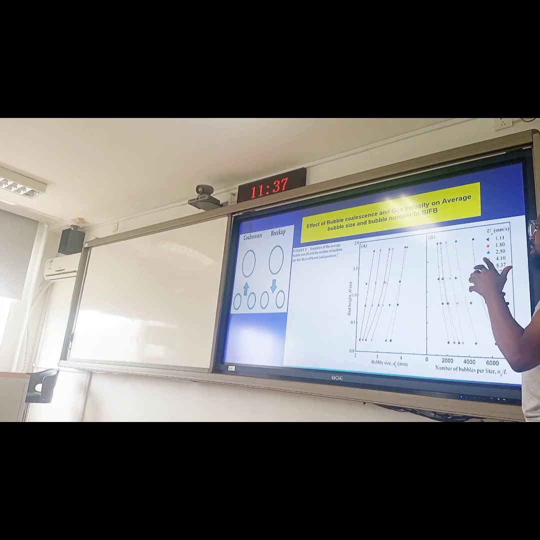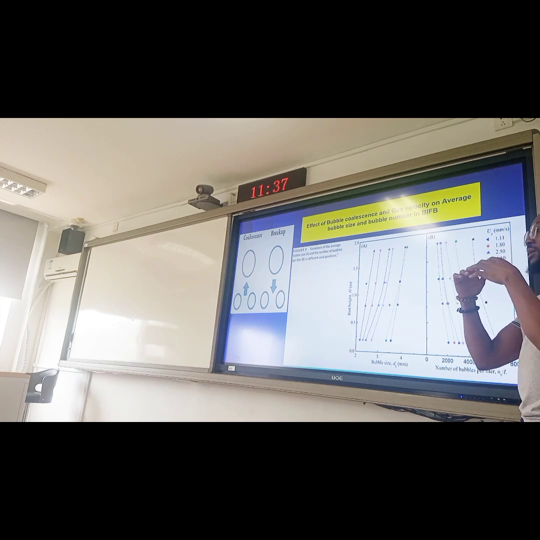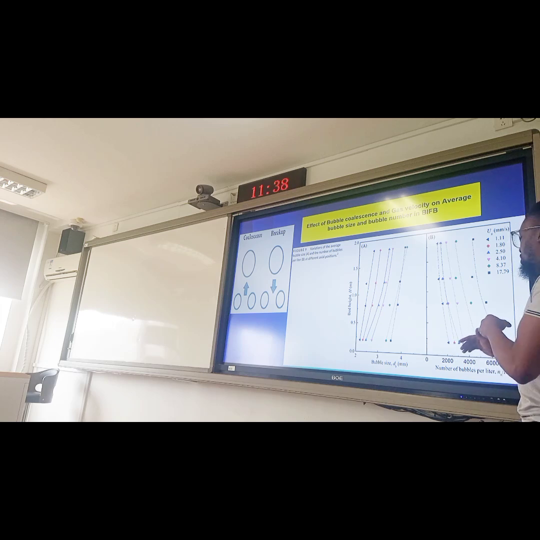This dynamic equilibrium is due to a stability of the bubble size. But that does not mean that the number of bubbles will not increase as you increase the gas velocity.